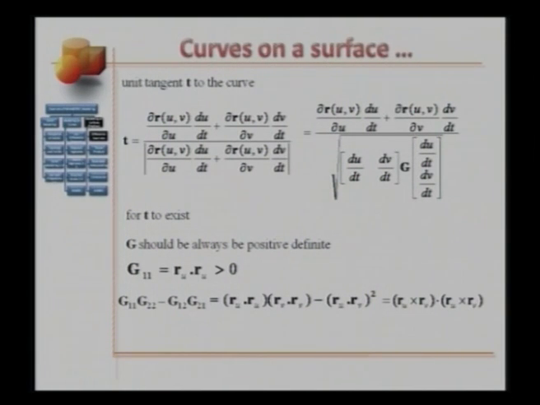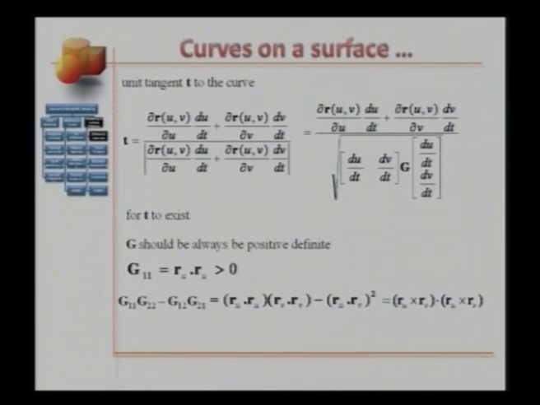One can do a bit of algebra to figure out that this expression is nothing but Ru crossed with Rv dotted with itself. And we have seen that Ru crossed with Rv is the normal to a curve and therefore to a surface patch at that point.